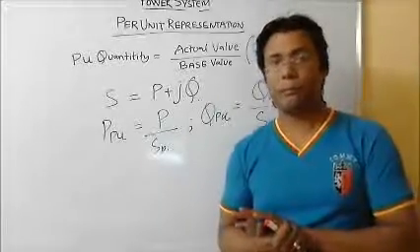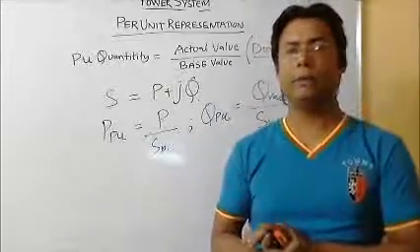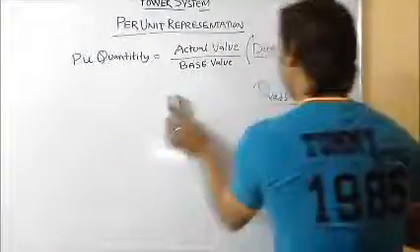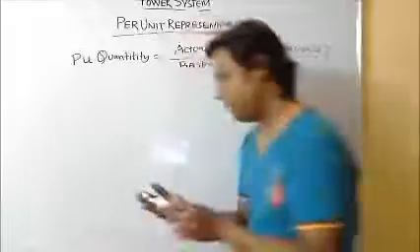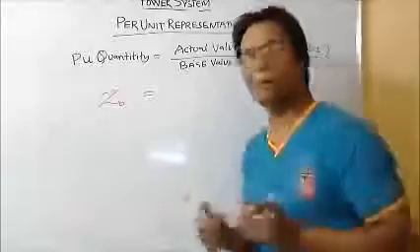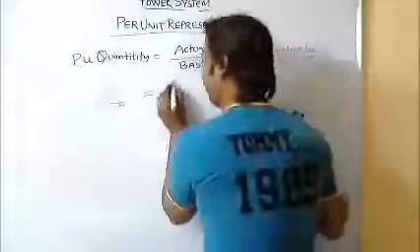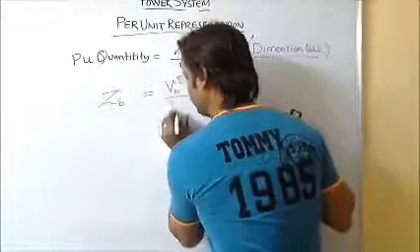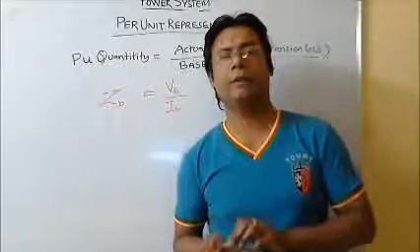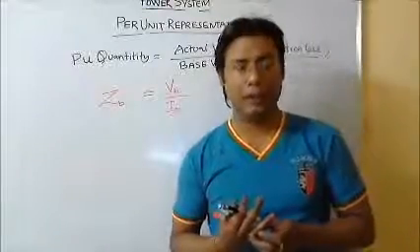Also, since everything we are talking about right now is in per unit, we can also define Z, which is the impedance. ZB is obviously equivalent to VB upon IB, the voltage base value upon the current base value we have chosen.